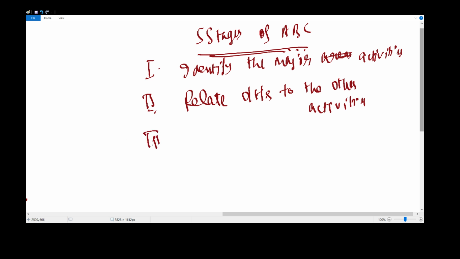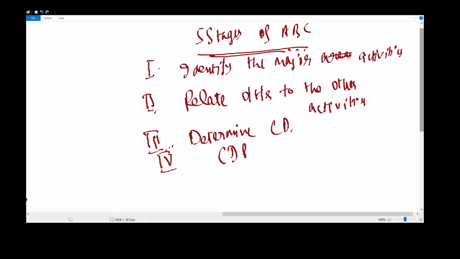Stage 3 would be determine cost drivers. We have to determine cost drivers. Once the cost drivers are determined, we have to calculate the cost driver rate, and that will be our fourth stage.